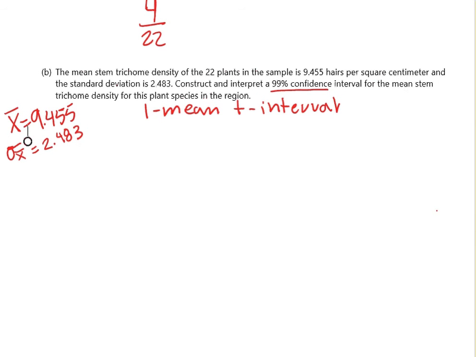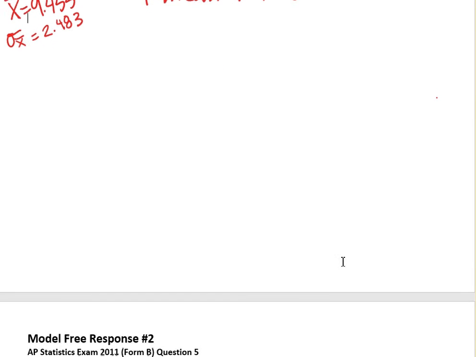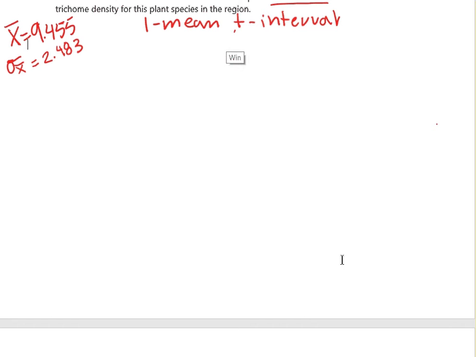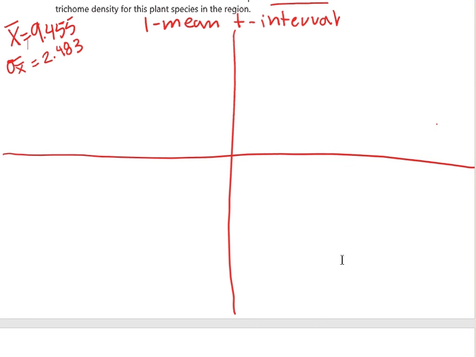So let's go ahead and draw our box. So what's nice about this is the format is the same as when we were running a significance test. We're just going to change what we're putting in the boxes a little bit. In particular, the math box and the conclusion box are going to be quite a bit different.